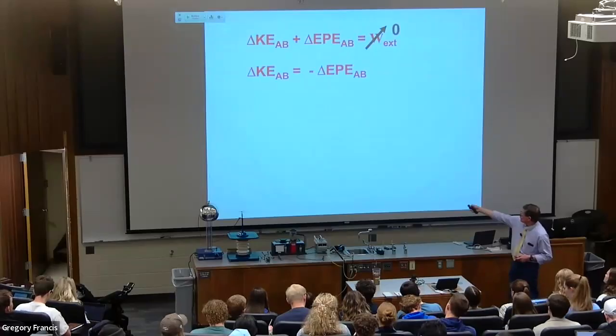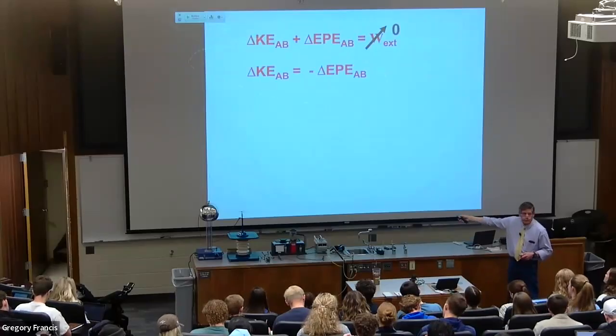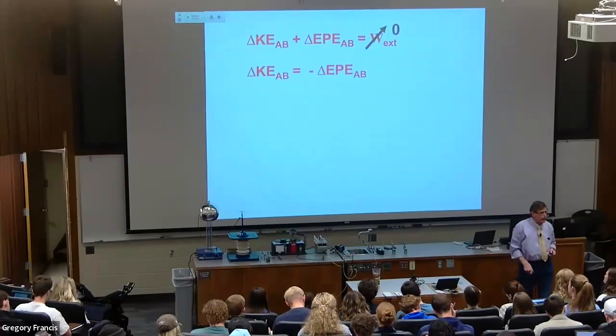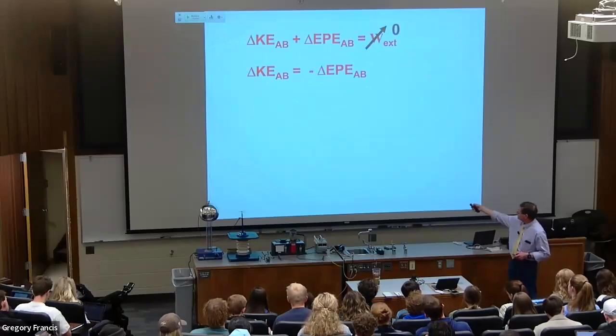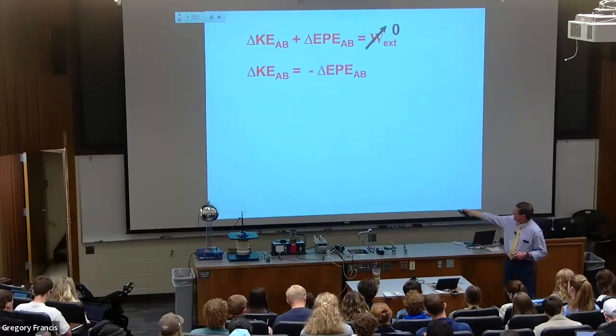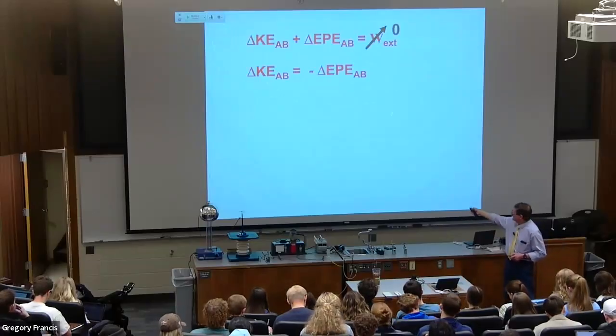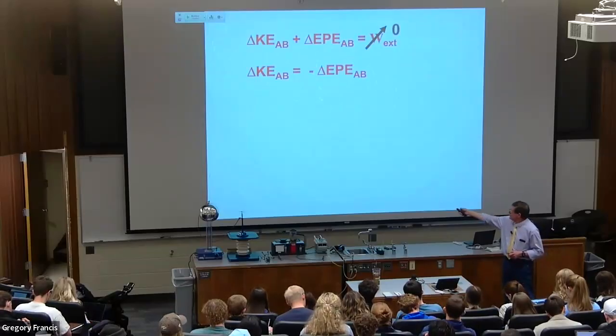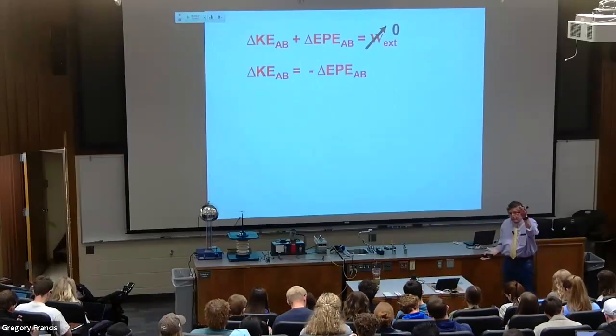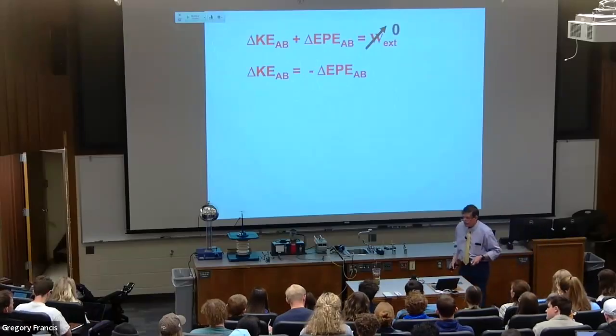And so this is the starting place for most of your problems. Nearly all of your problems start right there. Okay? The change in the kinetic energy bucket is exactly the same as the change in the electric potential energy bucket, but with a minus sign. And that minus sign says that if one of them's filling, the other one's draining.